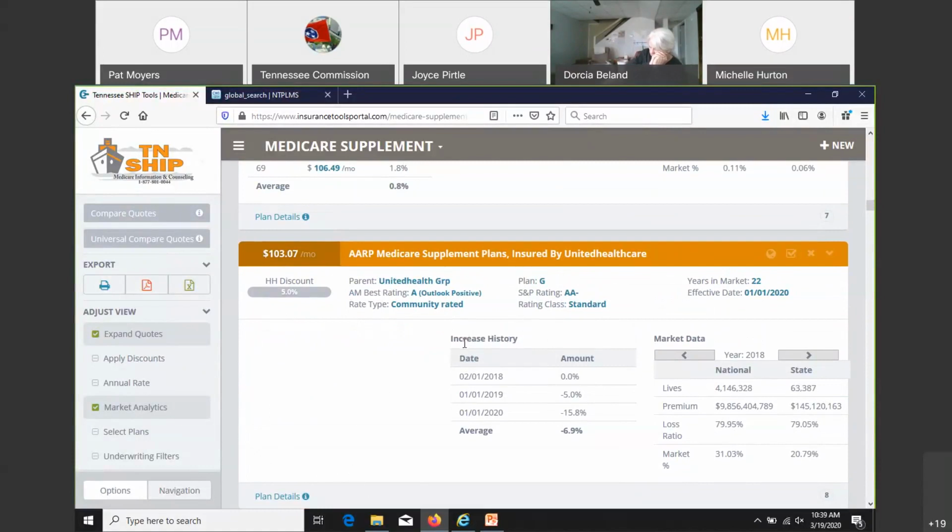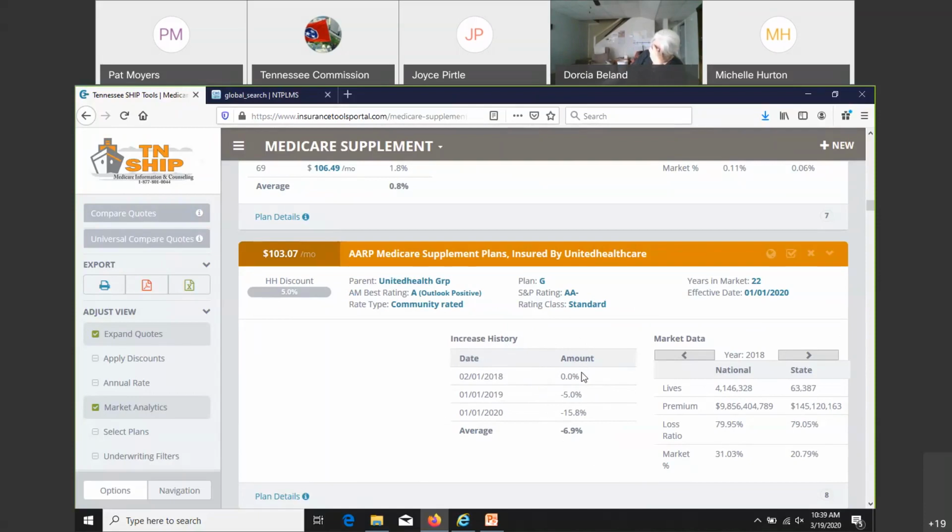It can change with inflation. If you look at the increase history on that, over the course of the last couple of years here, this premium has decreased by a good little bit. Why that could be, just like any other business, insurance companies are a business. The years that they perform well, they are able to cut their costs like premiums.